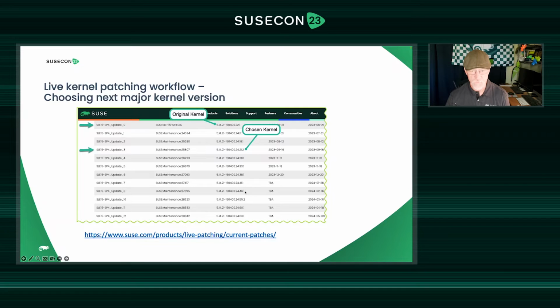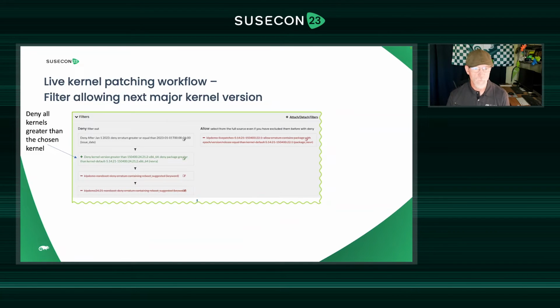Now I could have picked any one of these other kernels, but just for this hypothetical lab experiment, we're going to pick the 24.21.2 kernel in our demo today. So once we've done that, we're going to remove our original filters that set up the kernel live patch of the 22.1 kernel.